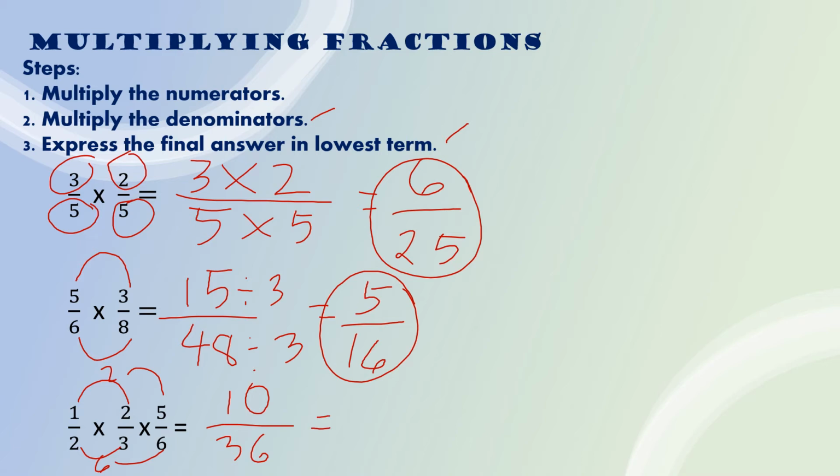We can still divide this by 2, so we have 5 over 18. So our answer is 5/18. So again, multiply the numerators, multiply the denominators, then express the final answer in lowest term.